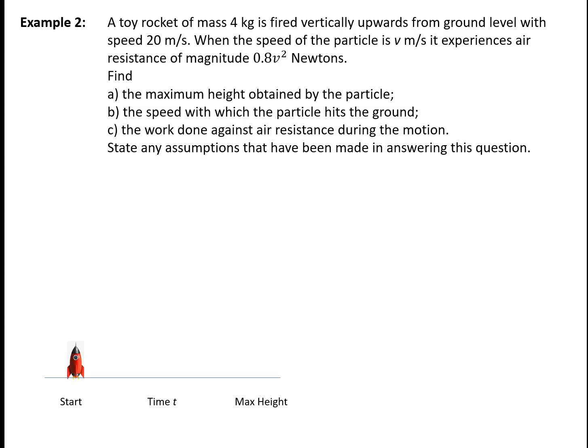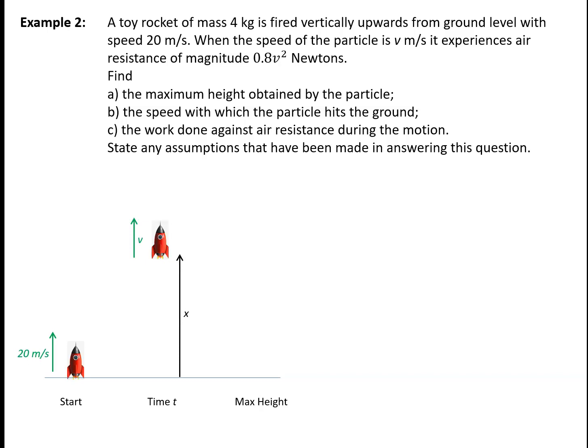Again, we need to start with a diagram. So we'll begin by just considering the upward motion of the rocket. At the start, we've got an initial velocity of 20 meters per second. At time t, we've got the rocket at a height of x meters above the ground and moving with speed v.